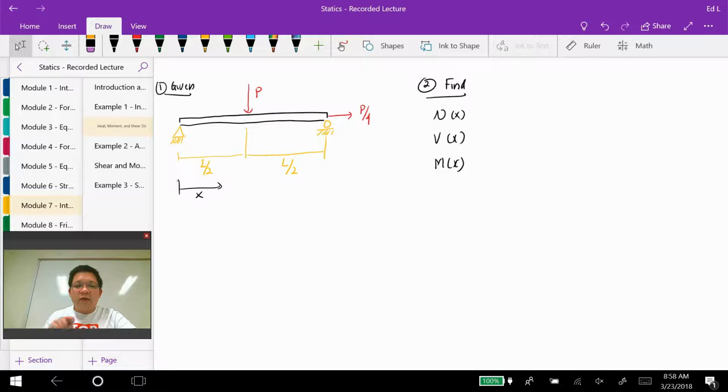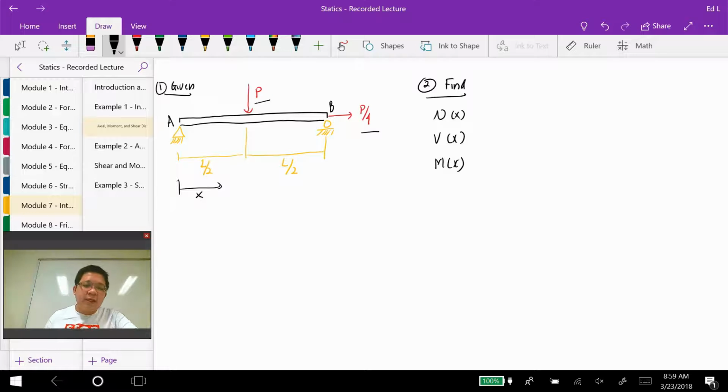It's a simply supported beam, pin supported at A and roller supported at B. A point force is applied at midspan of the beam, vertically going downward, and another point force is applied at point B, going to the right. The point force at B has magnitude P/4, and the point force at midspan has a magnitude of P.